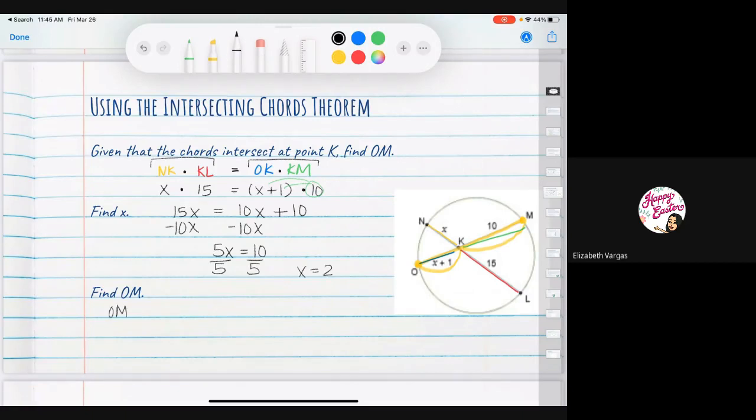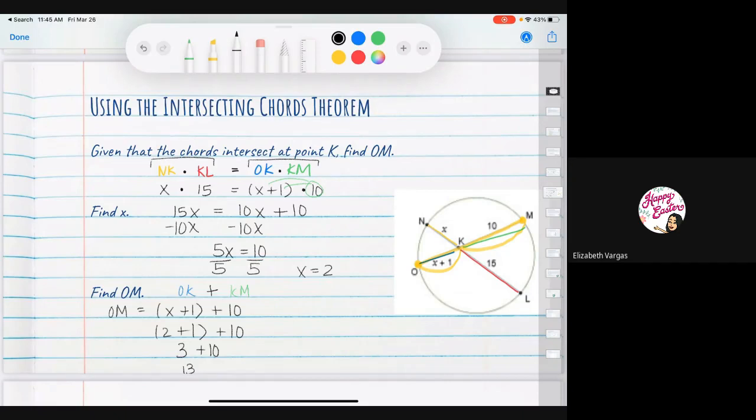OM is equal to x plus 1 plus 10, because I'm adding my OK part plus my KM part. Now I know x is 2, so I can plug that in. 2 plus 1 is 3, plus 10 gives me 13, which tells me OM is equal to 13.